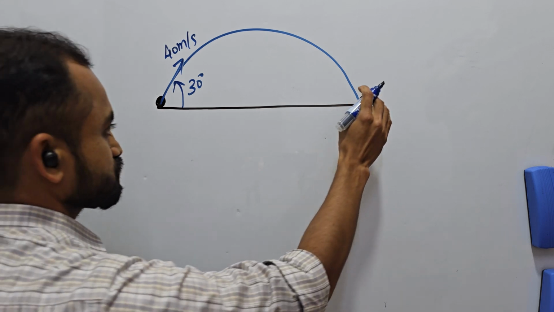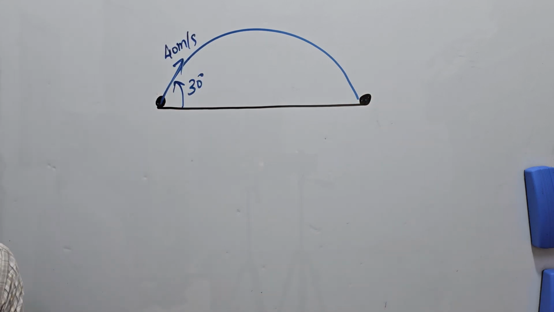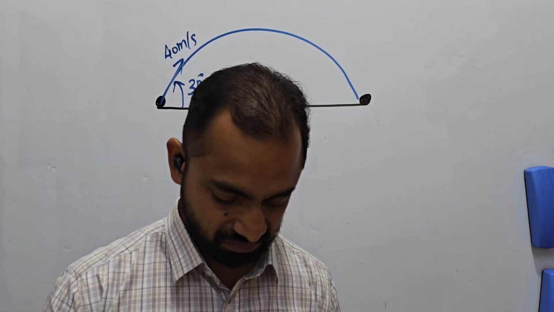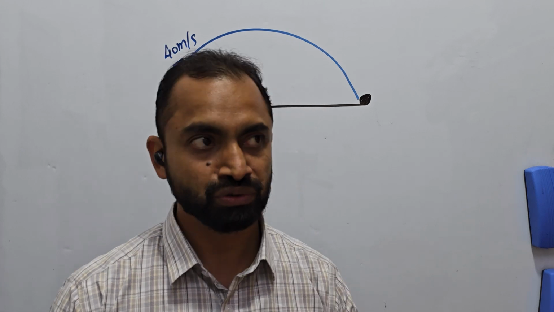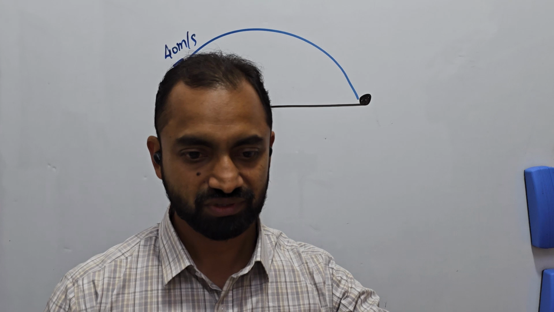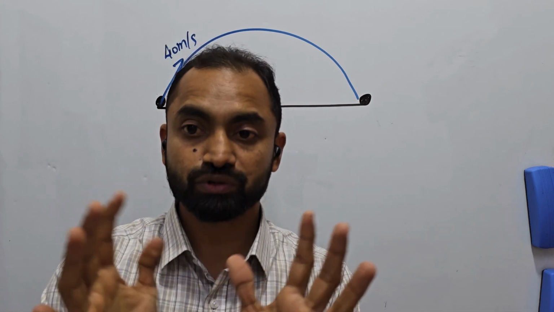It is caught at the same height. Assuming ideal projectile motion. What is the meaning of ideal? Perfect. No air resistance. Correct?